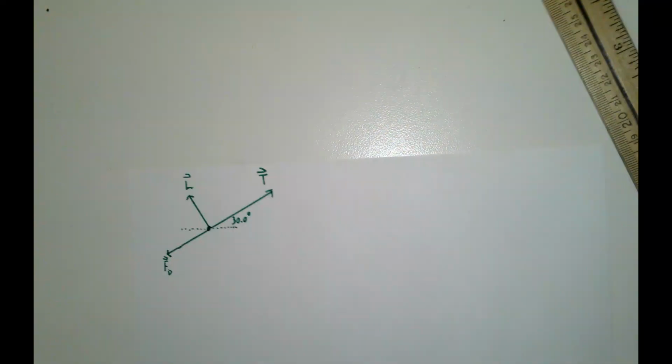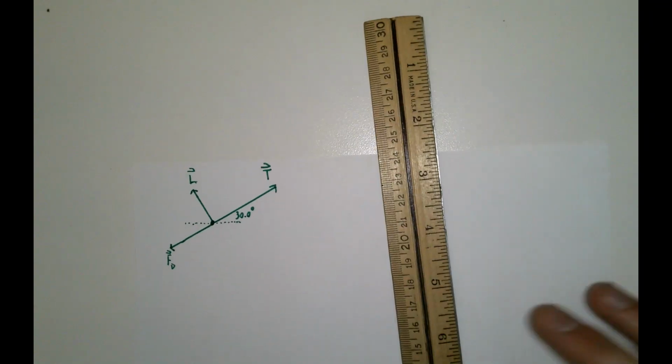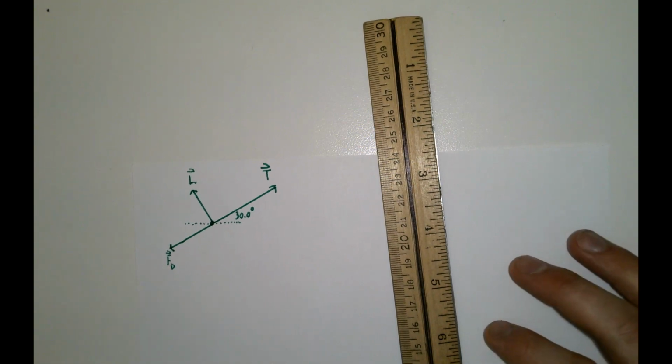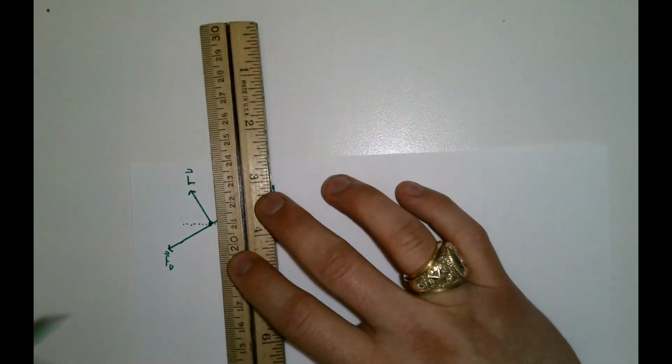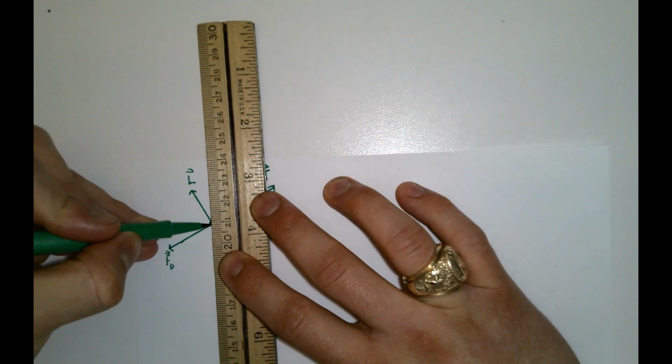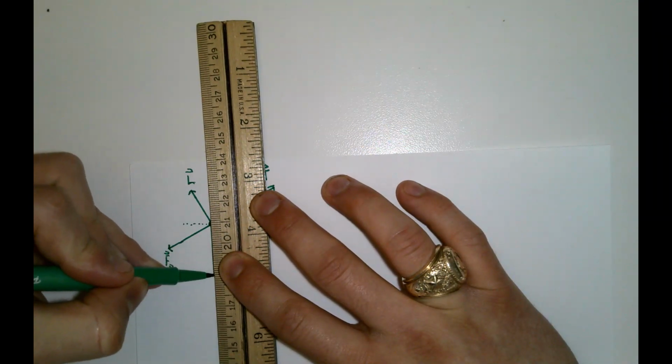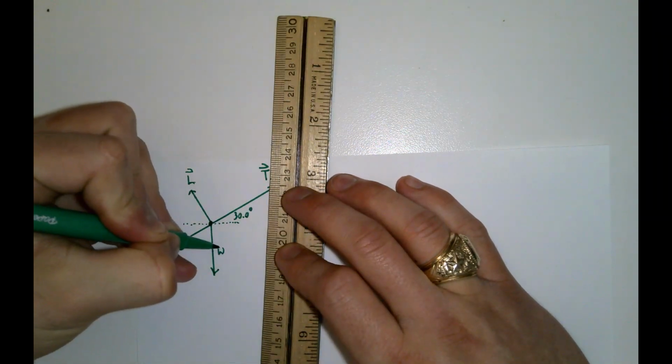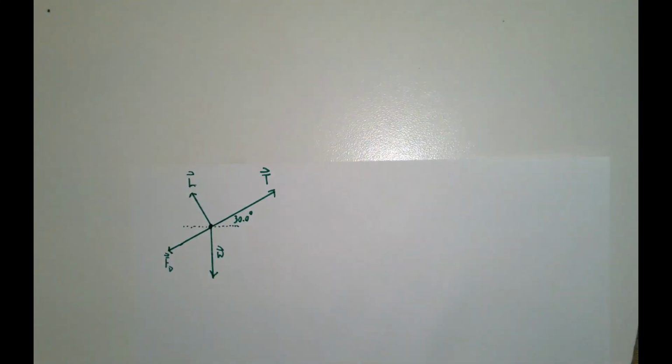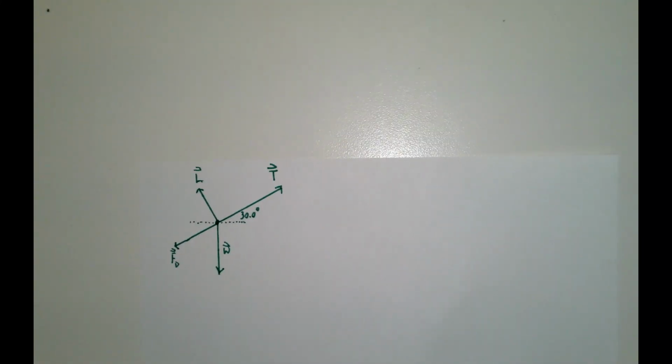And the last force that I have not included here would be the fact that this aircraft has some mass and therefore some weight. So we'll draw the weight of this aircraft straight down. All right, so here's a reasonable free body diagram for our aircraft.